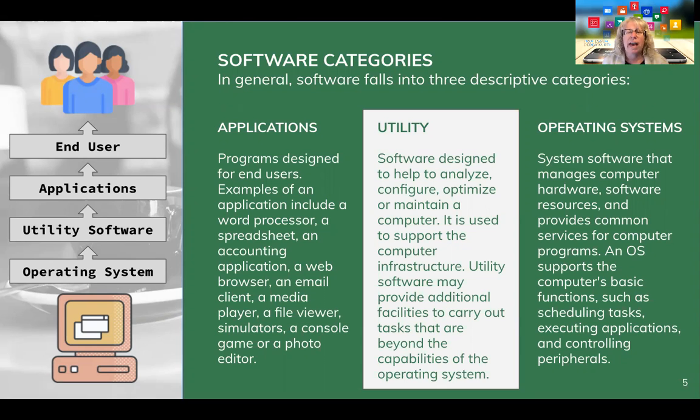So this category includes software that interfaces with peripherals: printers, monitors, projectors, microphones, speakers, scanners. There are all kinds of things you can plug into your computer, and you almost always have to install something. Those are device drivers, and they fall under the utility software category. These are things that make your machine a little more efficient and let you do some extra things.